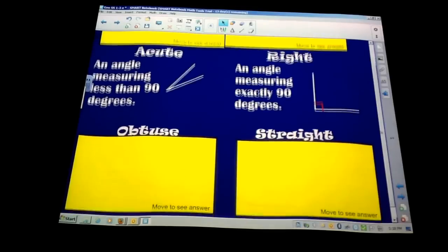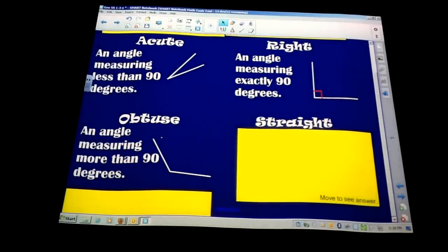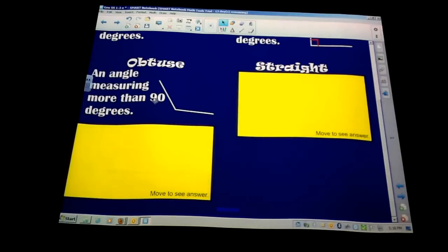Obtuse would be the next one. An obtuse angle is an angle that measures between 90 and 180 degrees. So if it measures between 90 and 180 degrees, then it would be obtuse. Notice that it's a little bit bigger than 90, and you can look at it and kind of tell what type of angle it is.